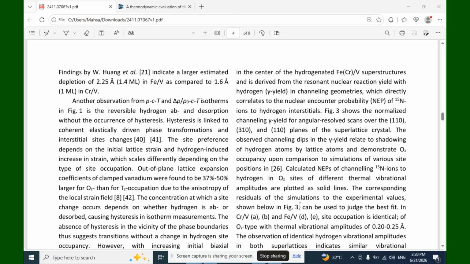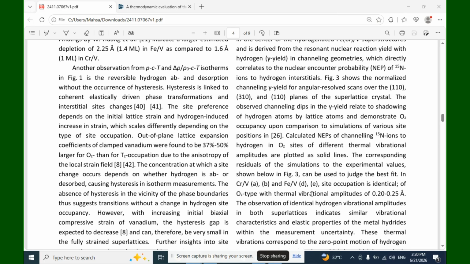The corresponding residuals of the simulations to the experimental values, shown in blue in figure 3, can be used to judge the best fit. In both cases, the site occupation is identical, of the oxygen type with thermal vibration amplitudes of 0.20 and 0.25.